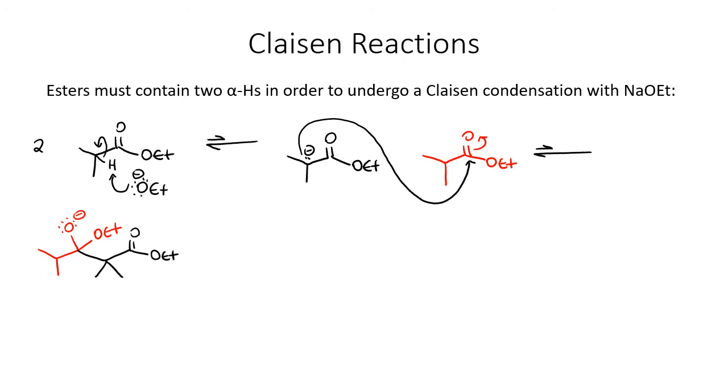Our next step is we're going to reform the carbonyl and kick off ethoxide. Again, since ethoxide is not a good leaving group, this step is not favorable.